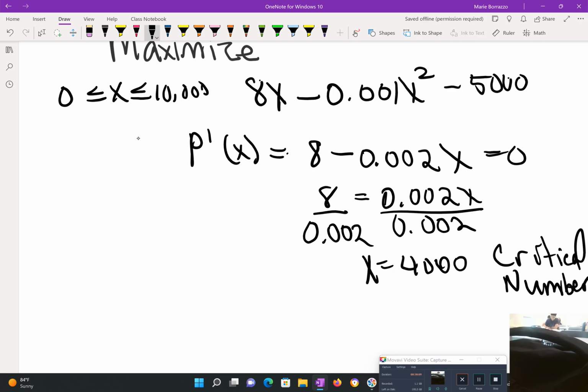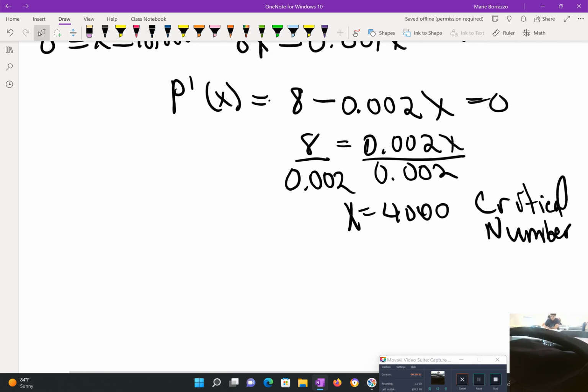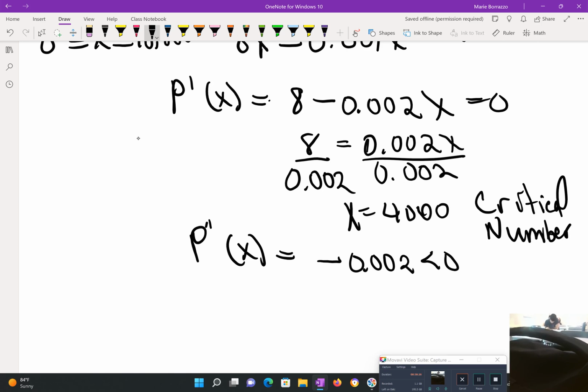If I take the second derivative from here, notice that this differentiates and gives you negative 0.002, which is less than 0, and this is for all x.